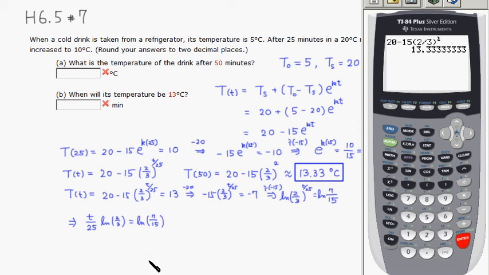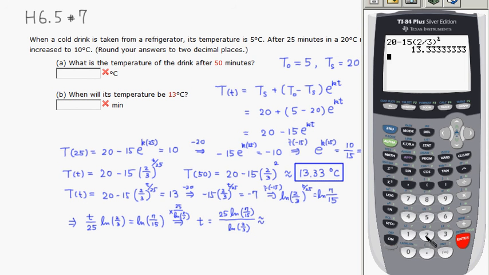In order to isolate t, we need to multiply by 25 and divide by the natural log of 2/3. So what you get is 25 times the natural log of 7 over 15, all over the natural log of 2/3.